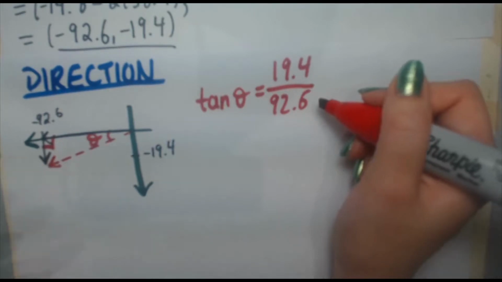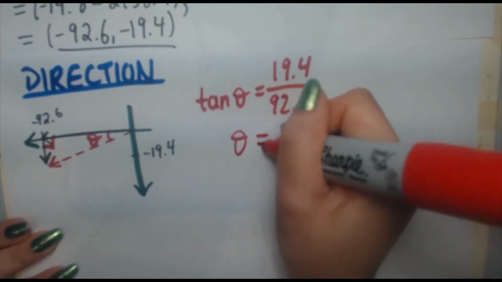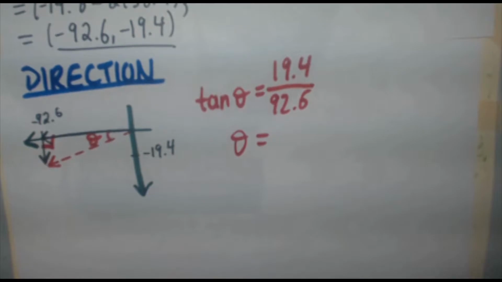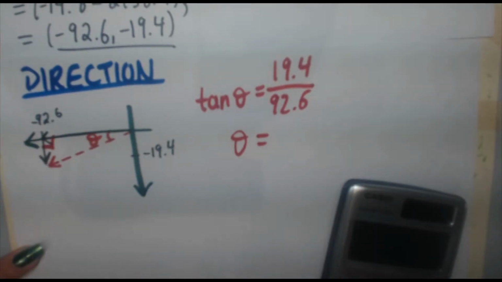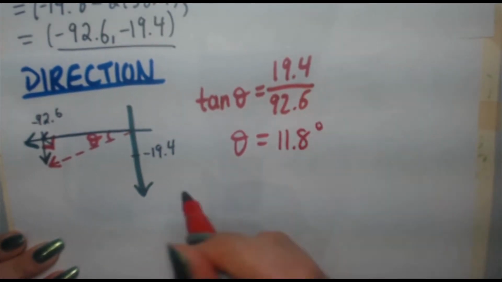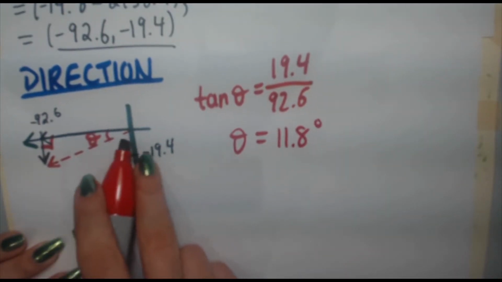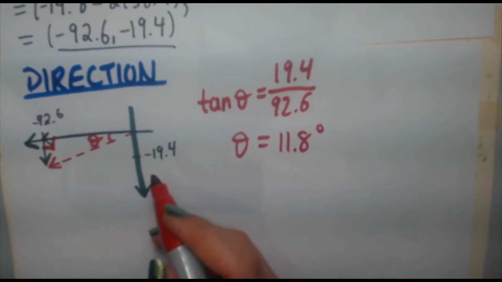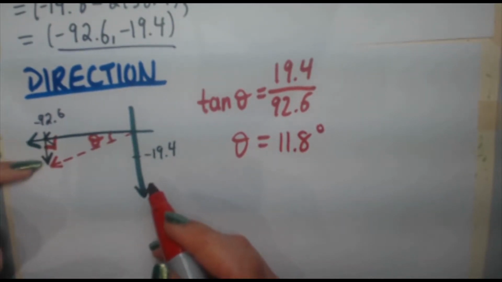Theta is equal to, let me grab my calculator, inverse tangent of 19.4 divided by 92.6. 11.8 degrees. And sure enough, that is the angle, right? That looks like a small angle anyways. Okay, so this is 11.8 degrees below the negative x-axis.